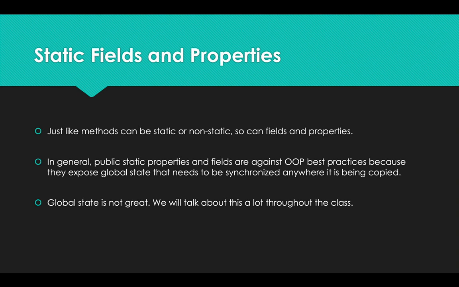So if you think about computer organization, you could have caches that are out of date. That's very much what global state can lead you to if you're not careful. So if you have global state exposed on a class, that class gets read by 100 other classes, and then suddenly that global state is updated.